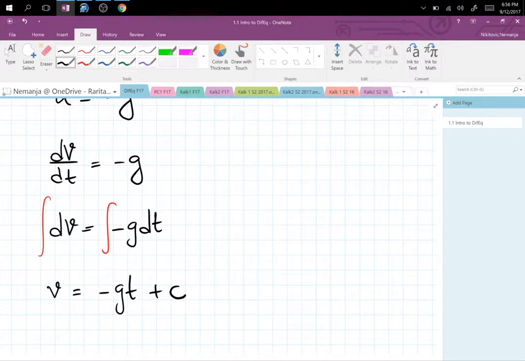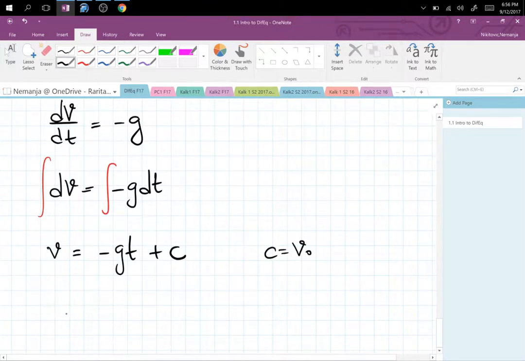So t equals 0. That kills this term. You have v equals c. So I'm going to call this c v0. That's just, in my view, common sense. So now what I have is the equation which says v of t is equal to negative gt plus v0.